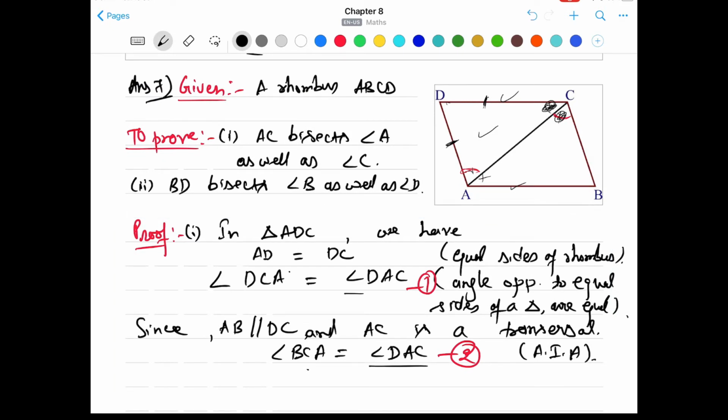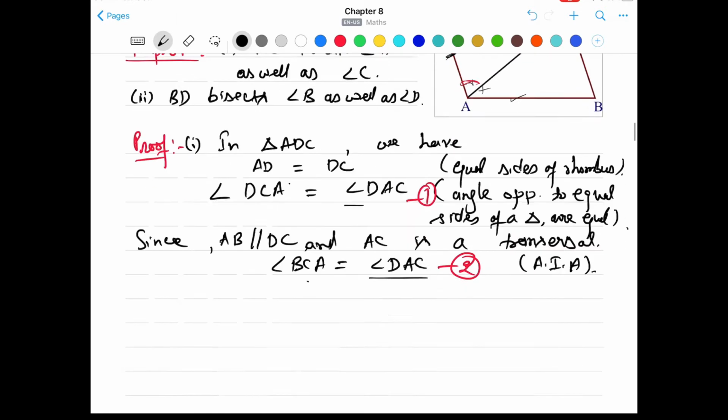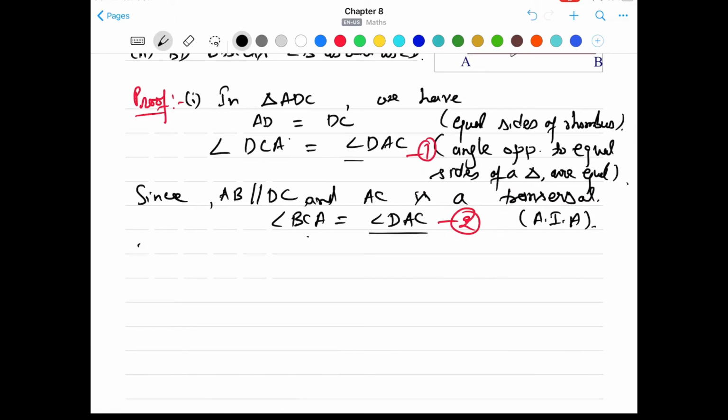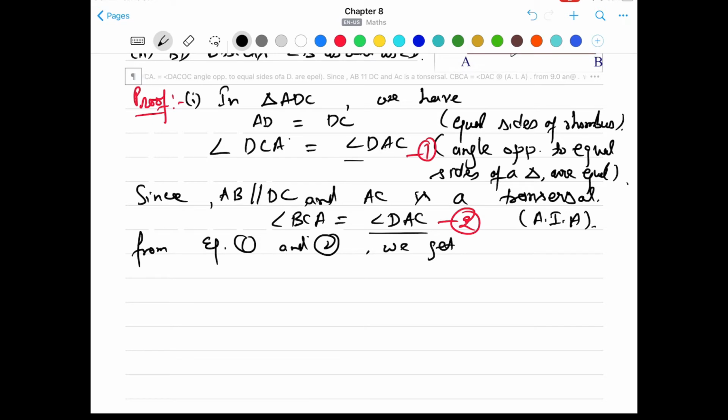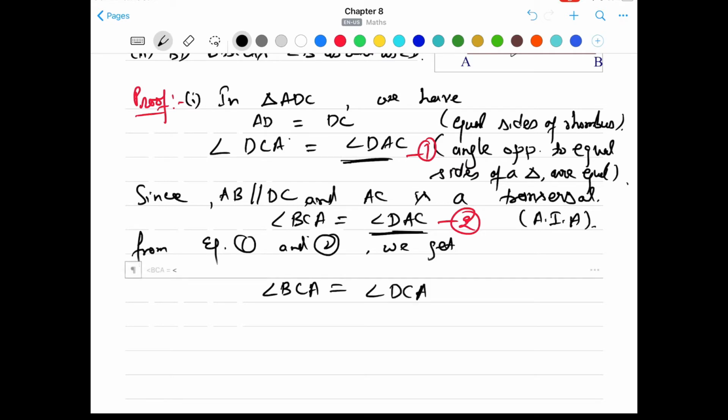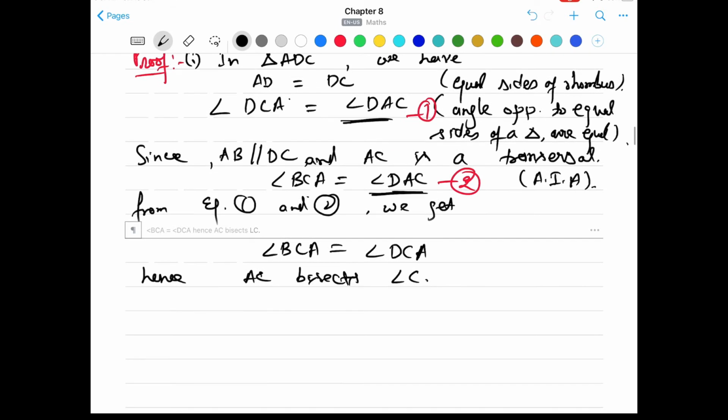That means AC is bisecting angle C. So from equation 1 and 2 we get that angle BCA is equal to angle DCA, hence AC bisects angle C.